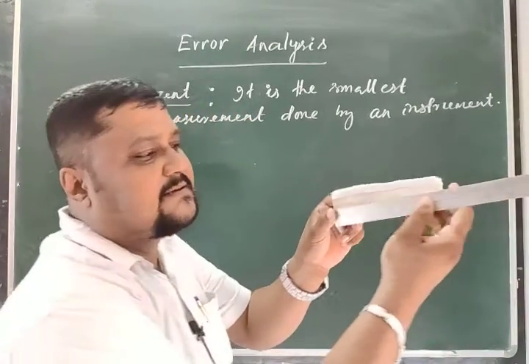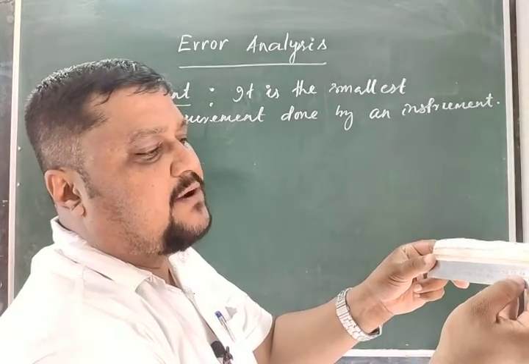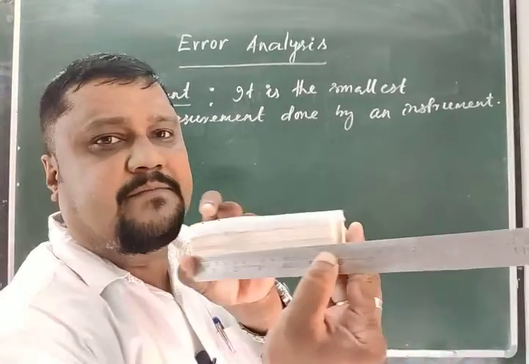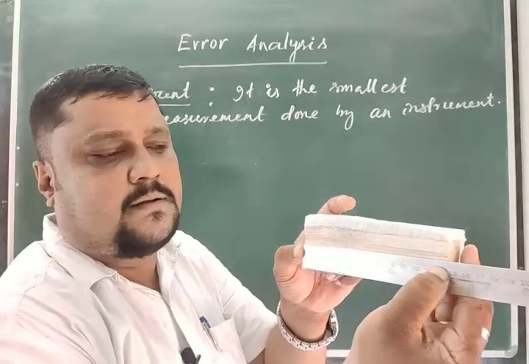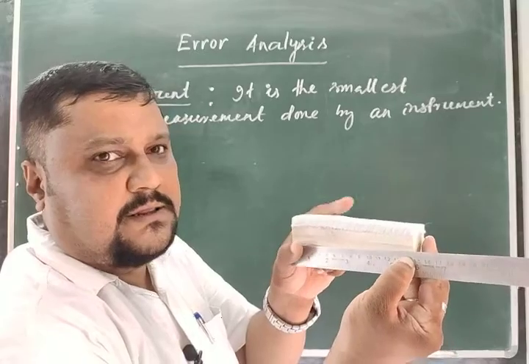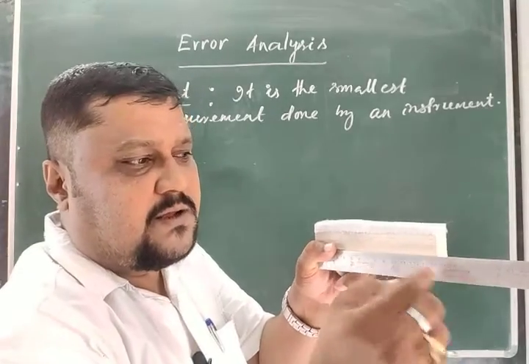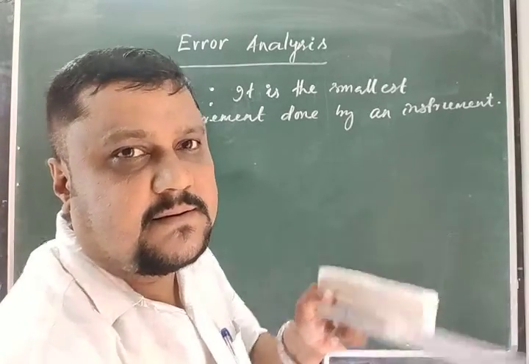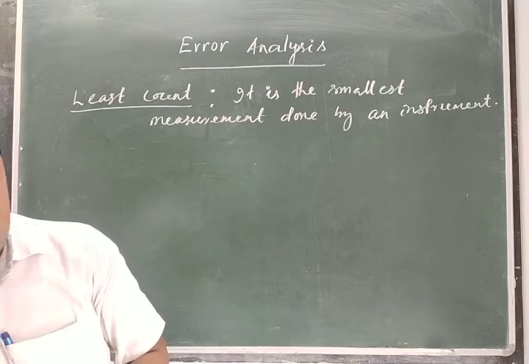If I measure using this scale, I put the 0 of the scale at one end of the duster, and the other end of the duster meets a marking on the scale, and that is the measured value.